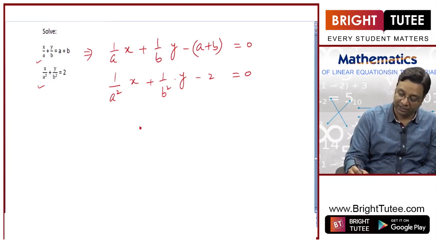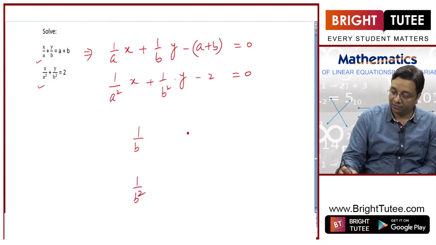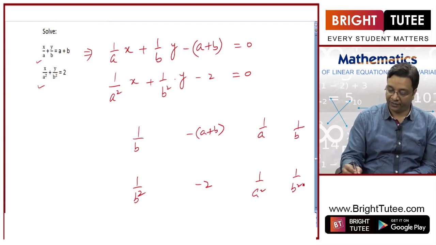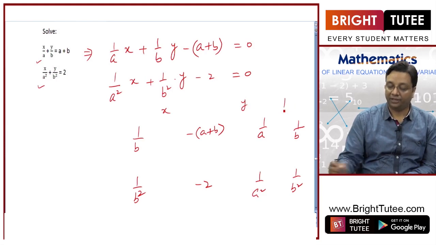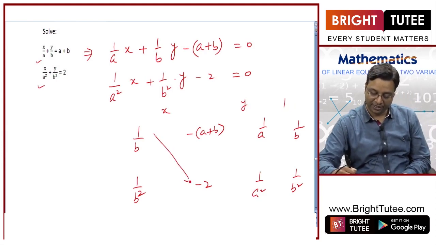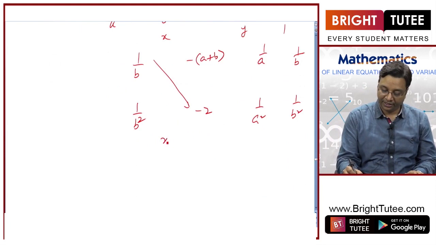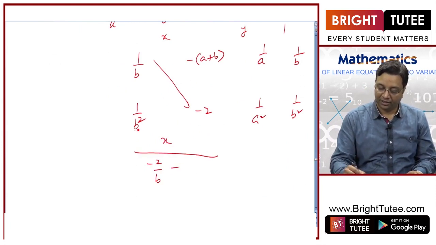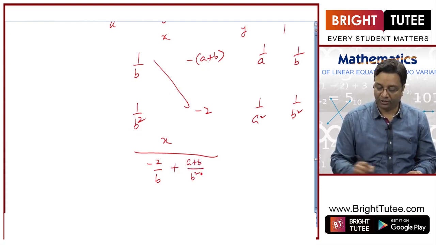Now, write the coefficients like we learnt: 1 by b square, minus a plus b, minus 2, 1 by a square, and then 1 by b square once again, x, y and 1. So, x divided by minus 2 by b minus, that is minus minus plus, right, plus a plus b divided by b square.